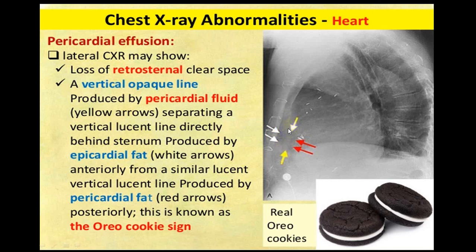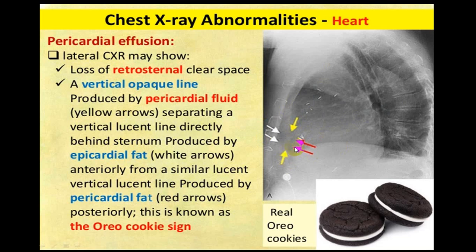And this yellow line shows what produces the Oreo cookie sign. So it is called Oreo sign. Whenever you see this, it is a little difficult to identify, but if you have a very good lateral X-ray, you will be able to identify.